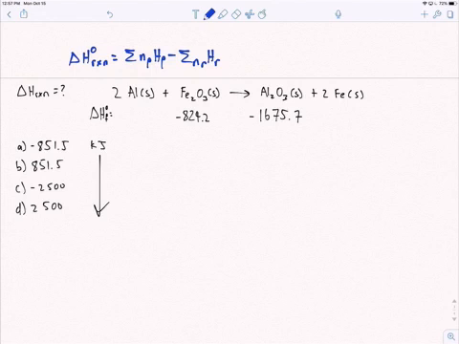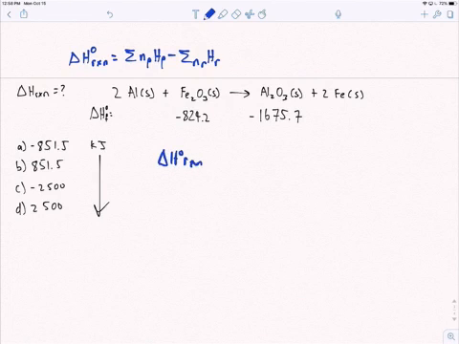Okay, which one's the product? Well, the iron and aluminum, they're both elements. They're 0. What's the product? Is it Al2O3 or Fe2O3? Okay, Al2O3, the product. So the delta H of reaction.